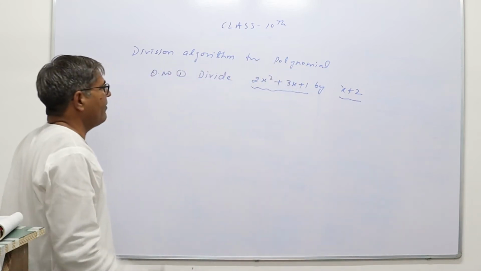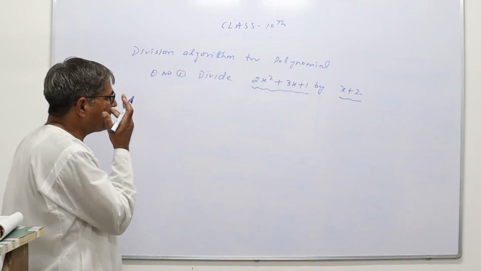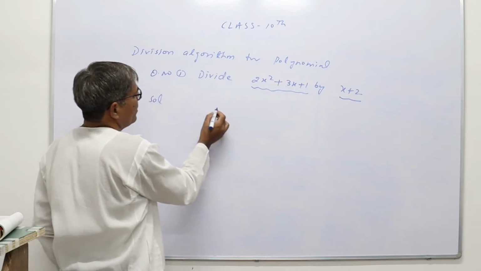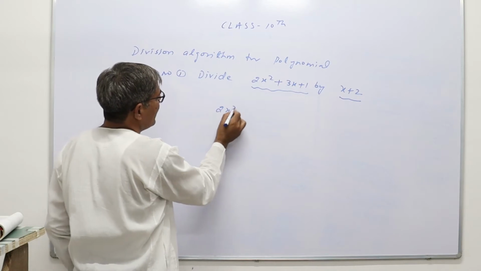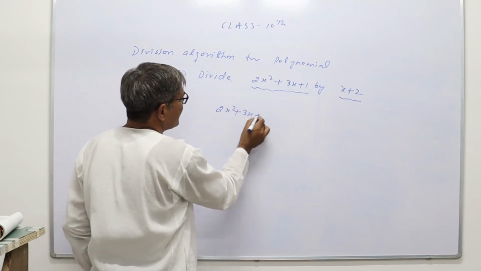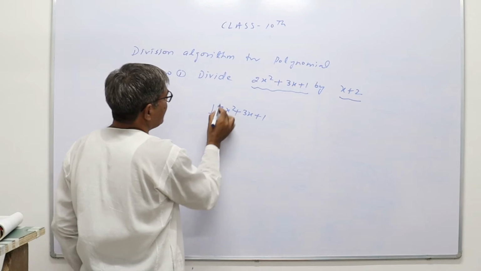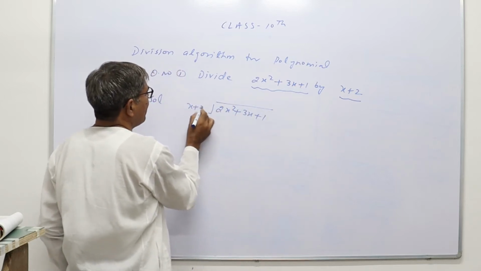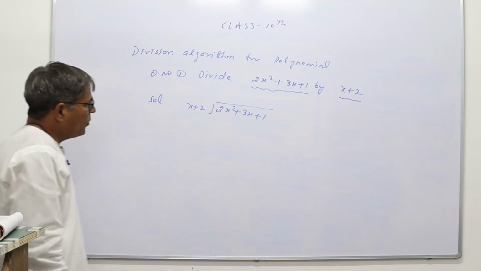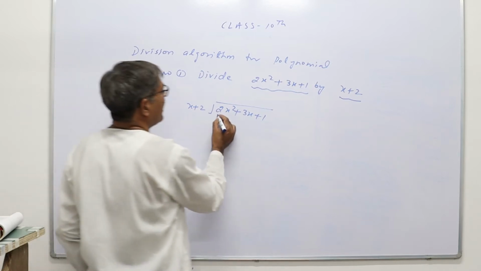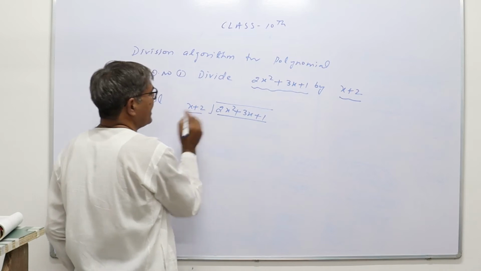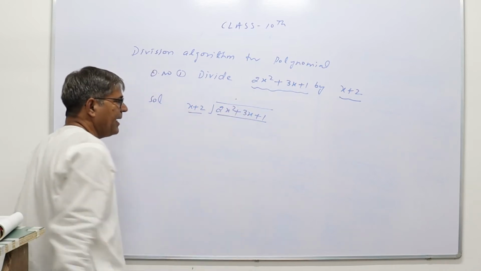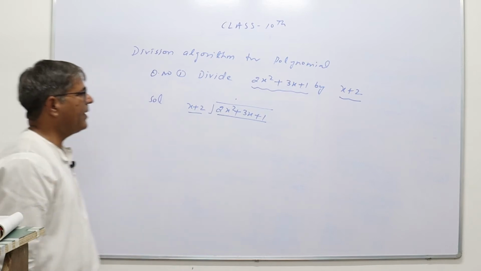How will we divide? First we will write 2x square plus 3x plus 1 and divide it by the polynomial x plus 2. This is the dividend and this is the divisor. Then we will write the quotient here, and the remainder we get after the division.